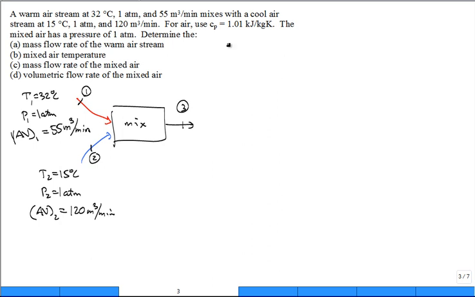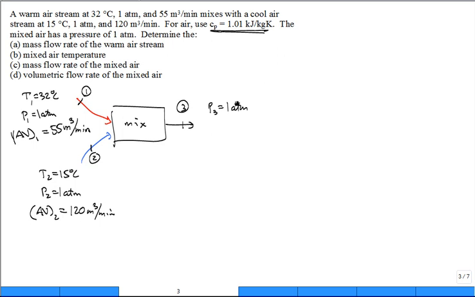For air, use a constant specific heat of 1.01 kilojoule per kilogram Kelvin if you need it. The mixed air pressure comes out at P3, 1 atm. So everything's 1 atm, no pressure drop through the system. Determine the mass flow rate of the warm air stream.